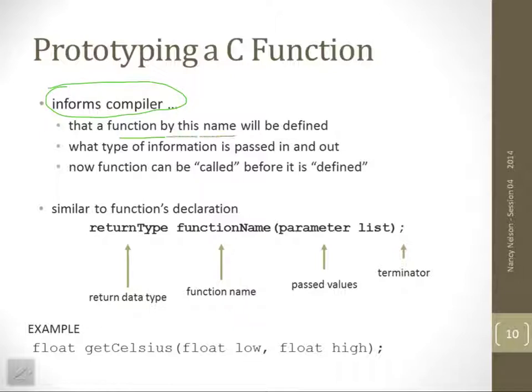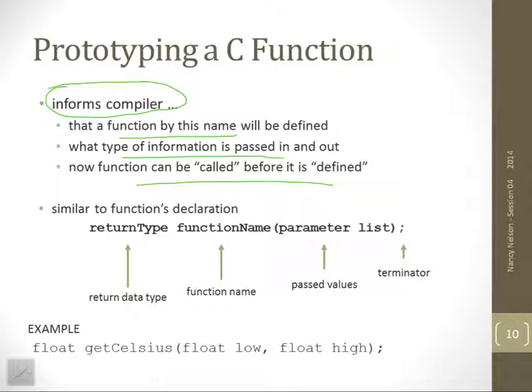First, that there's going to be a function by this particular name. It tells what information is going to be passed in and out of that function, and more importantly, it allows that function to be called from main, for example, before the actual function body shows up in the code. So it's really information for the compiler and not for us as programmers.